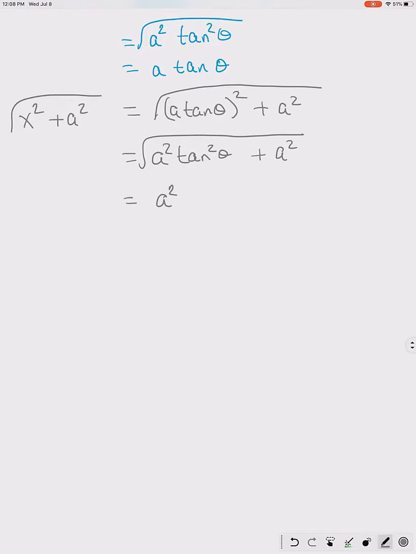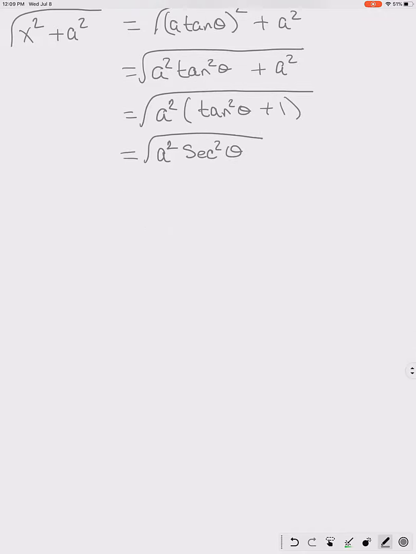And I'm going to factor out an a squared, and I get the tangent squared of theta plus 1 underneath the square root. And using Pythagoras' identity, 1 plus the tangent squared of theta is secant squared of theta. So I get a squared times the secant squared of theta underneath the square root.